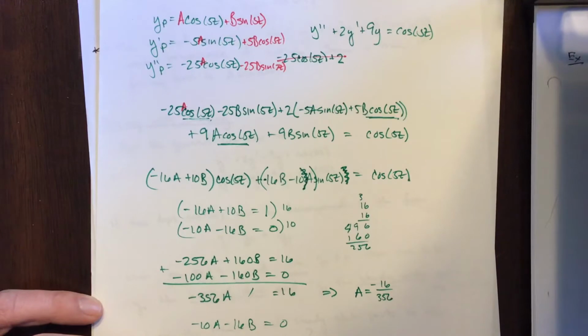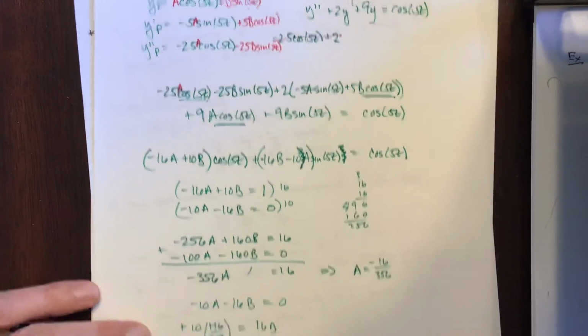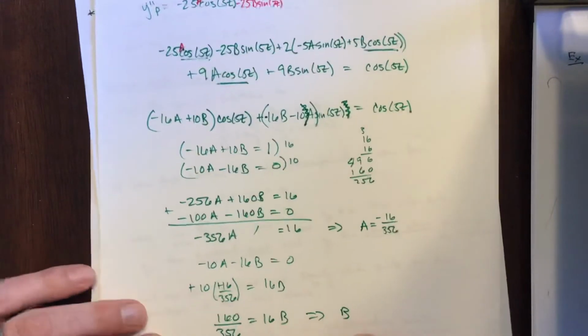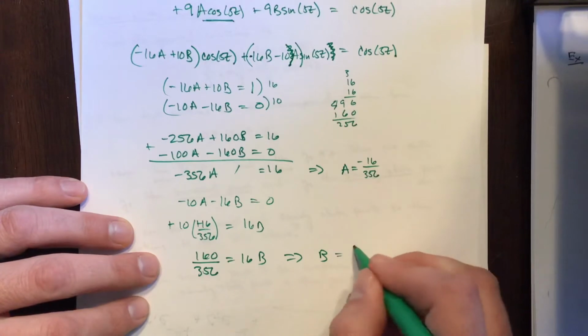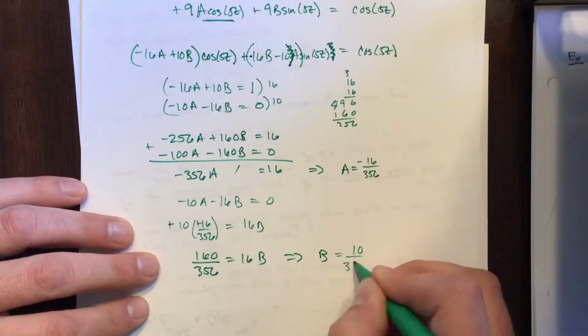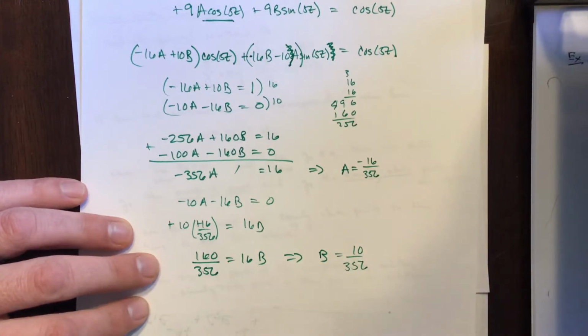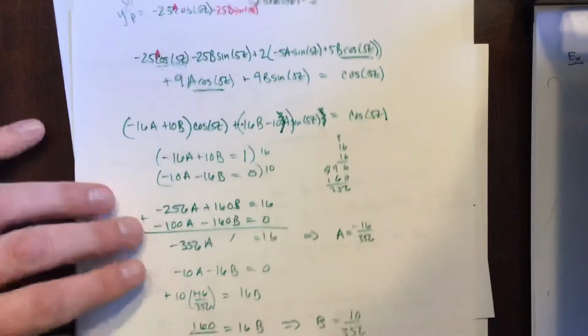So these two cancel out. I have 160 over 356 equals 16B. So that implies that B is equal to 10 over 356. All right.